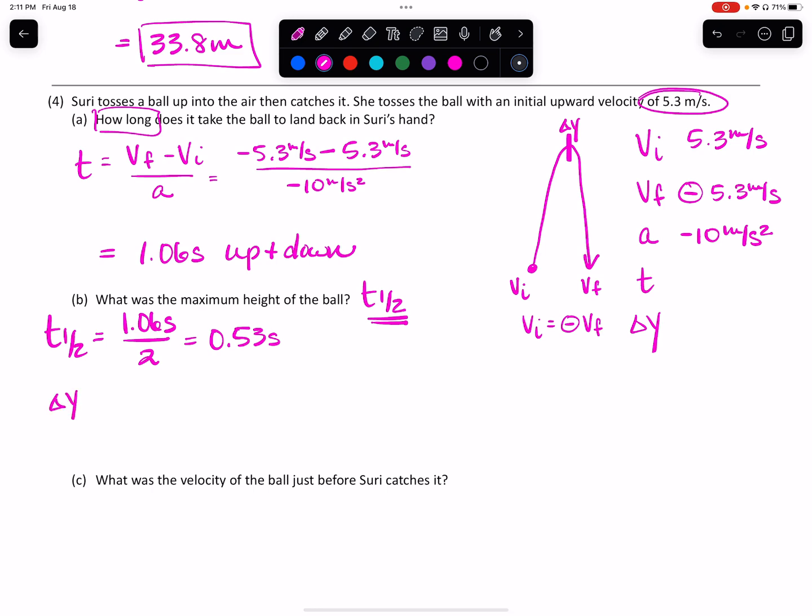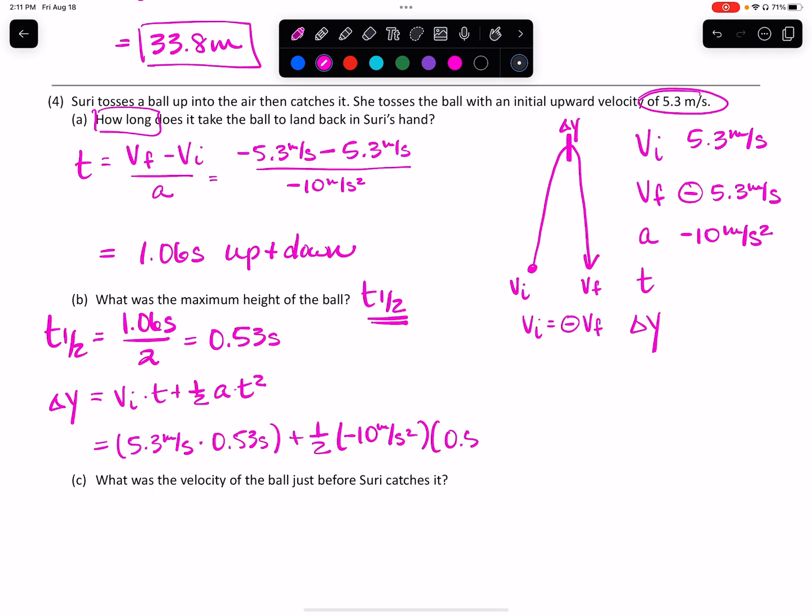Now I can use my delta y formula. The initial times time plus 1/2 AT squared. So my initial velocity was 5.3 meters per second times 0.53 seconds plus 1/2 times our negative 10 meters per second squared times our 0.53 seconds squared.